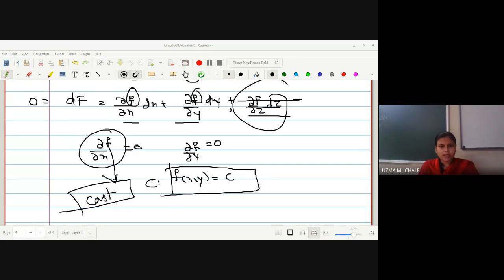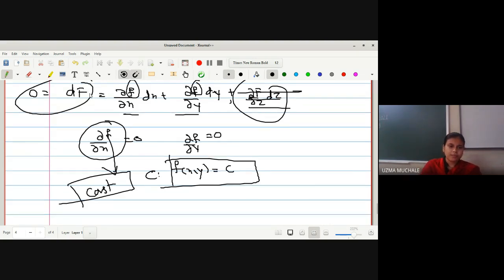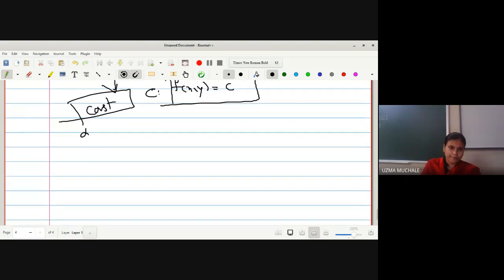So what we can say, dou f by dou x and dou f by dou y, rather you can say derivative of small f with respect to x and y are not equal to 0 simultaneously. Since अगर दोनों simultaneously equal to 0 होंगे तो वो curve नहीं एक straight line होगा, and hence we can say that our assumption was wrong, or we can say that dF will not be equal to 0.